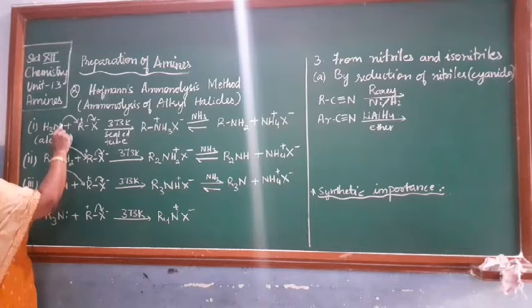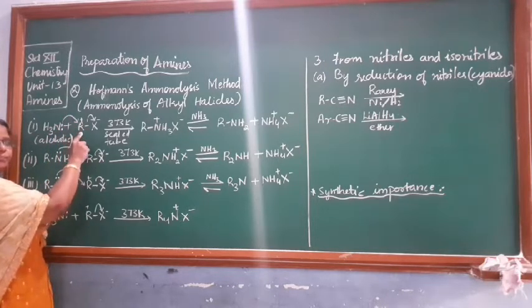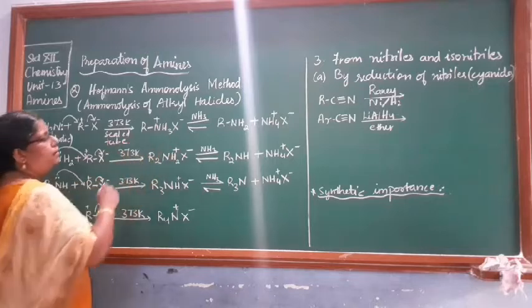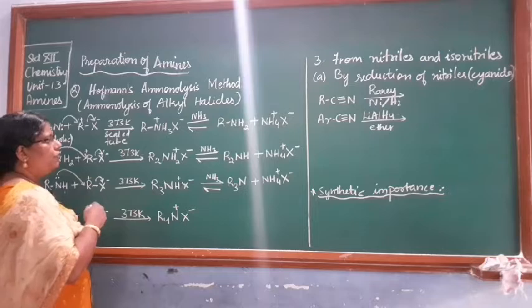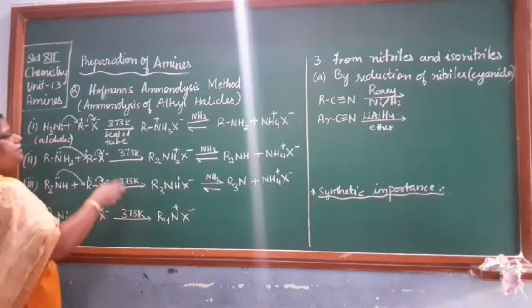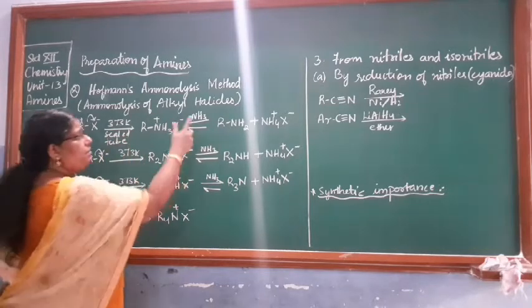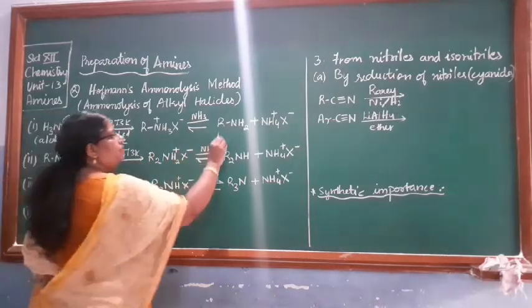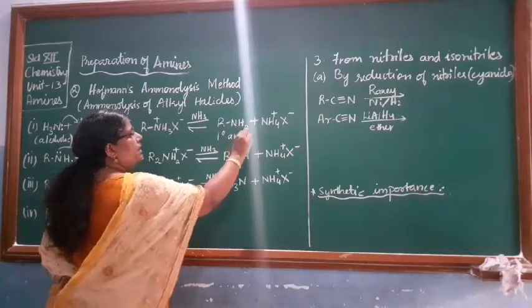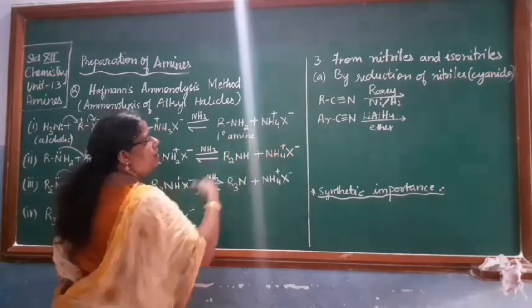So the pair of electrons present over nitrogen moves towards R, and you have a primary ammonium salt being formed here. This primary ammonium salt, again in presence of ammonia, will convert into primary amine. So this is your primary amine, and this is the ammonium salt.